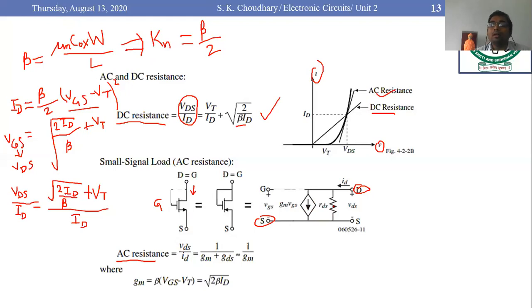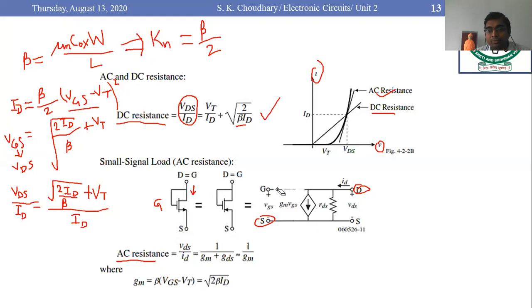Okay. Now, what do we have to do next? For this purpose, now we have to come to our original diagram, where the gate is connected to the drain.